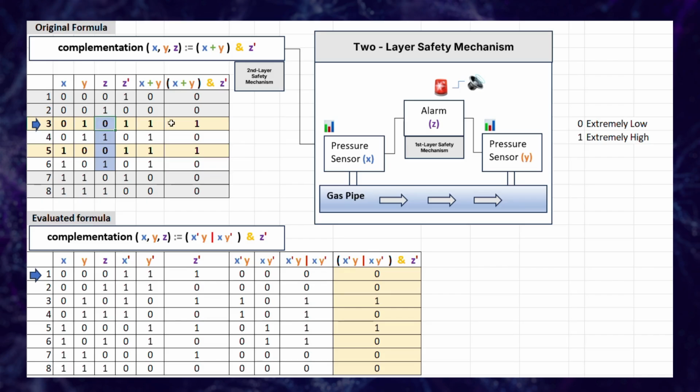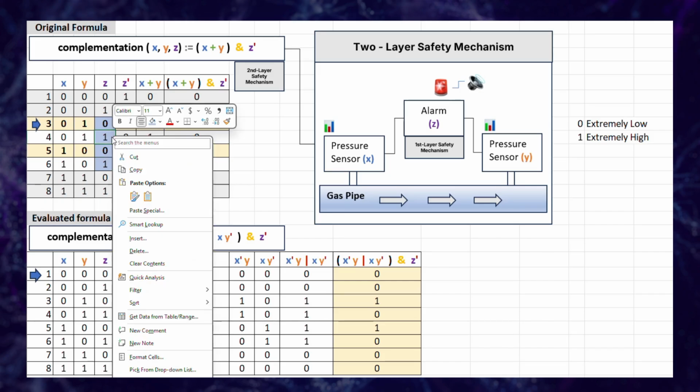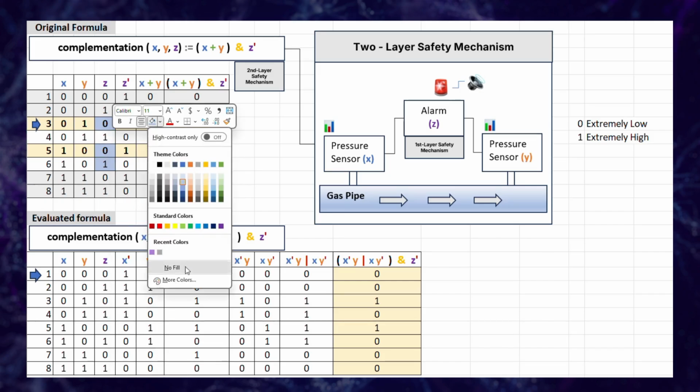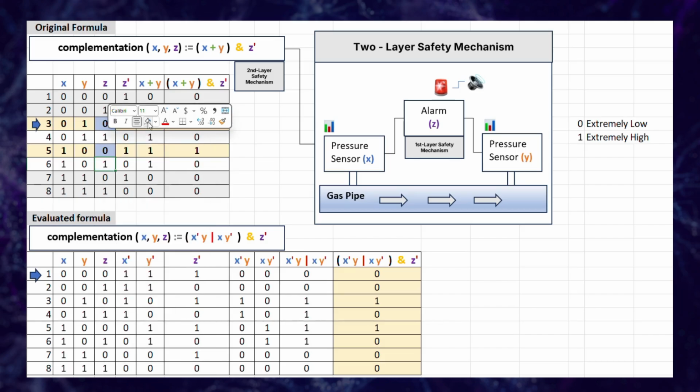But if z is 0, do something. Z is 0, do something. So now we remove this one. Now let's focus our attention on this one.